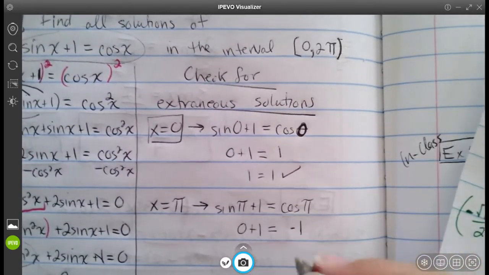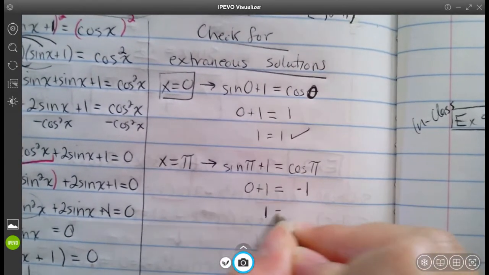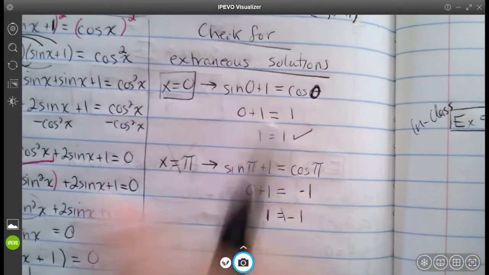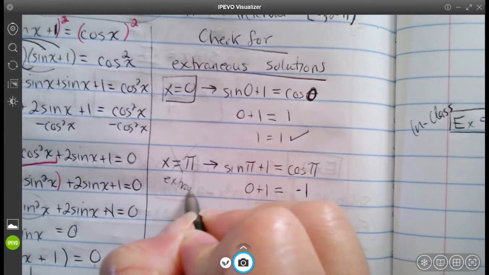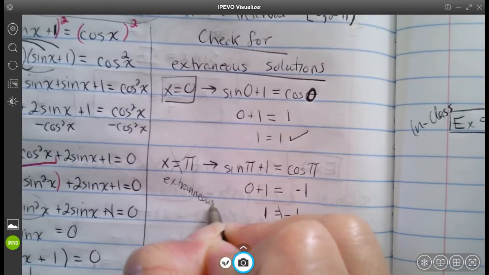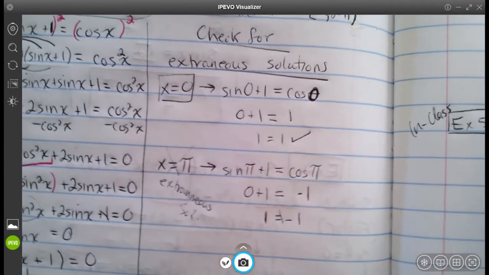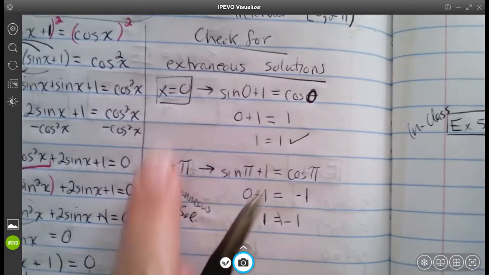So in this one, we actually have that 1 is equal to negative 1, which is not true, which means that this one is not going to be a solution. This is going to be an extraneous solution. I'm just writing it lightly because we want the ones that are real.